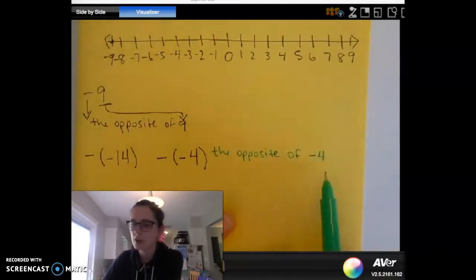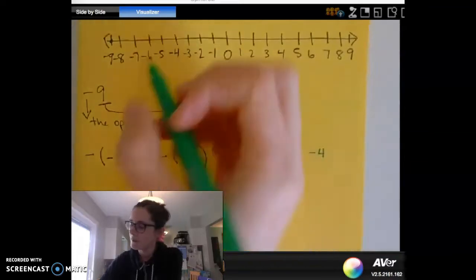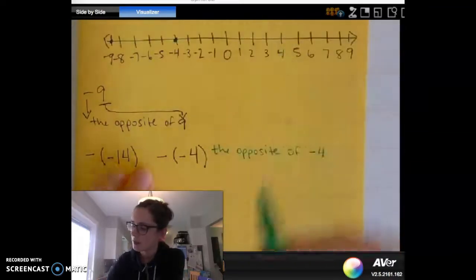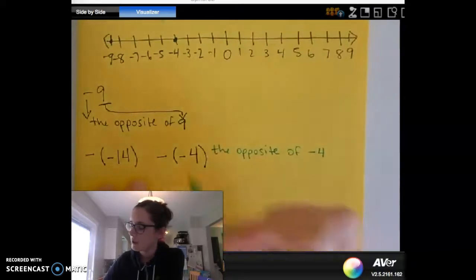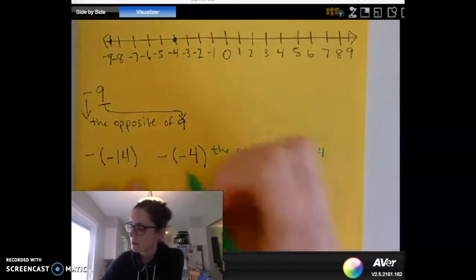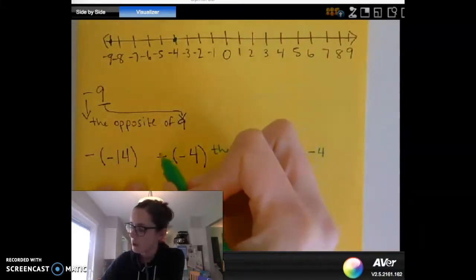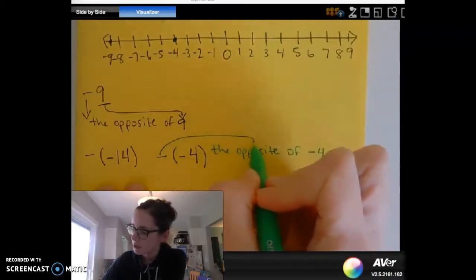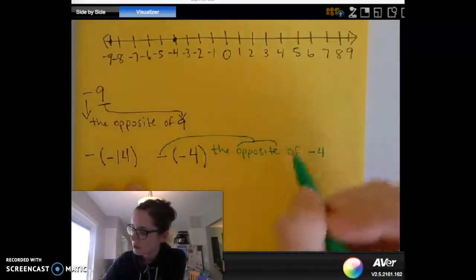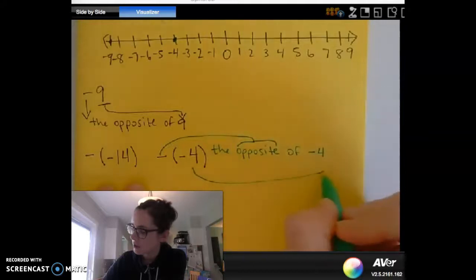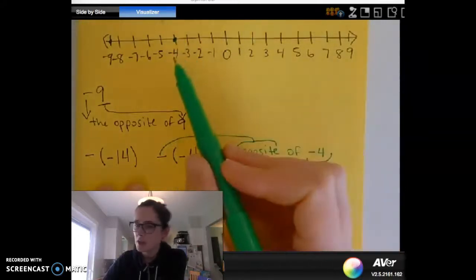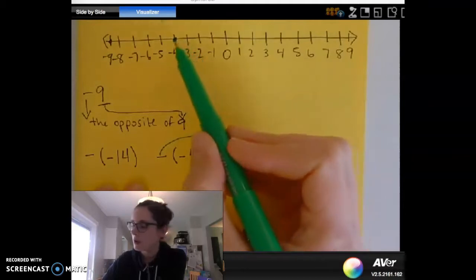So I'm going to start at -4, and I'm going to go to the opposite of it because this is the opposite. And here's the -4 part, okay? So there's my -4, and now I'm going to go to the opposite of it.